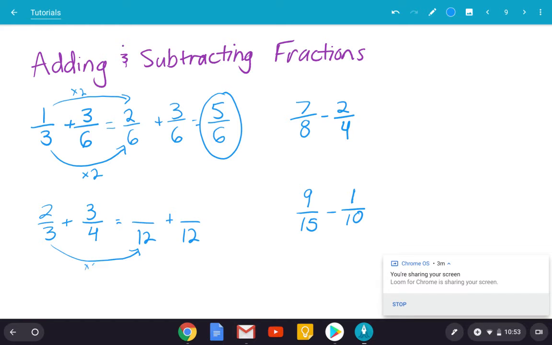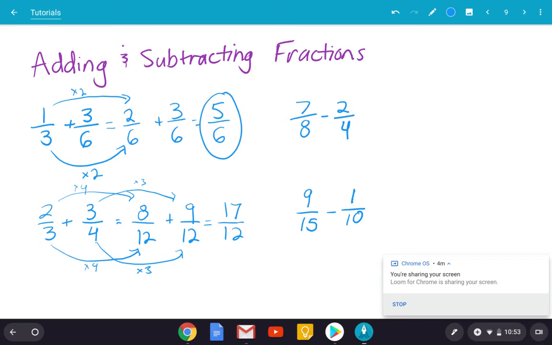I would be multiplying by 4, so I need to multiply the numerator by 4 as well. So 2 times 4 is 8, and then 4 times 3 is 12. So 3 times 3 would be 9. Now I'm adding 3/12 plus 9/12, and 9 plus 8, I would then have 17/12.